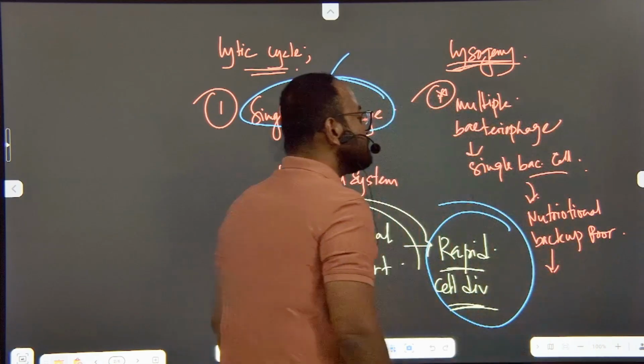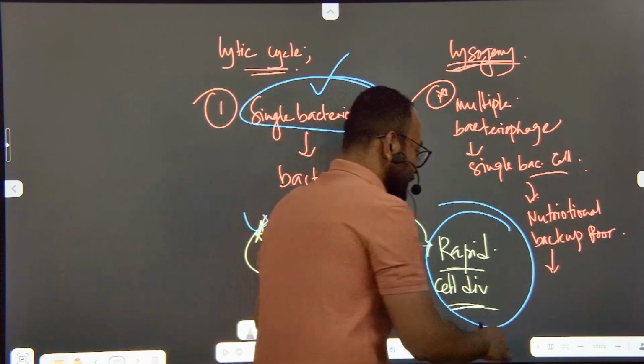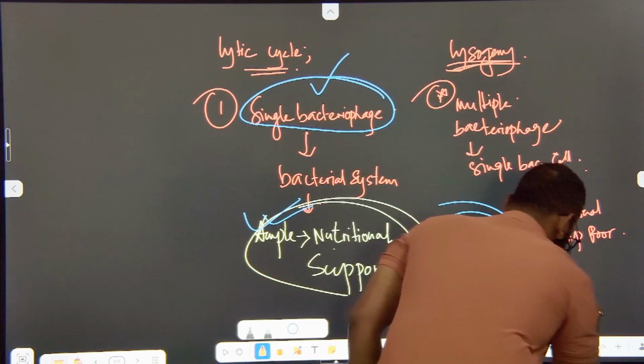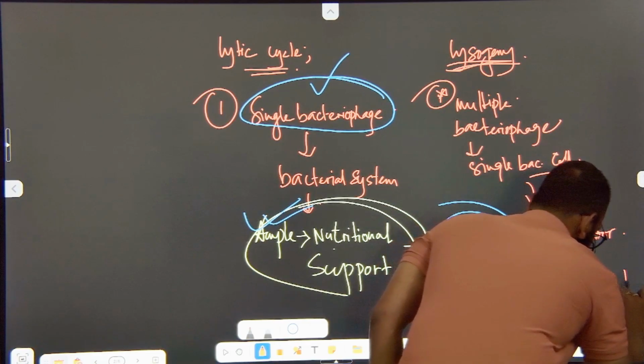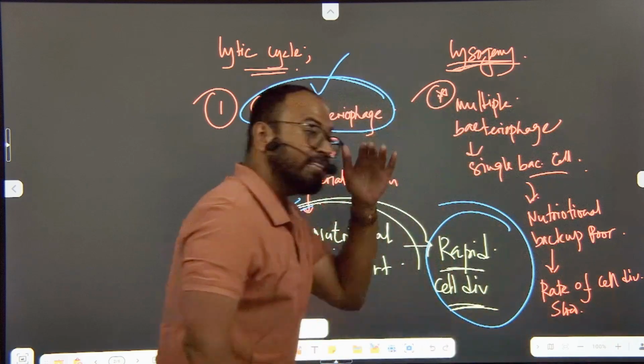Therefore, what will happen? The rate of cell division is slow.